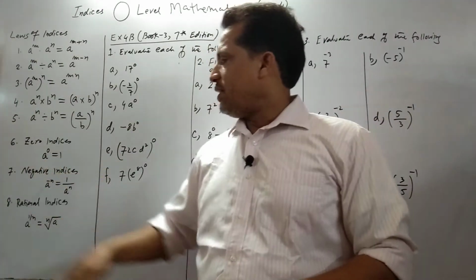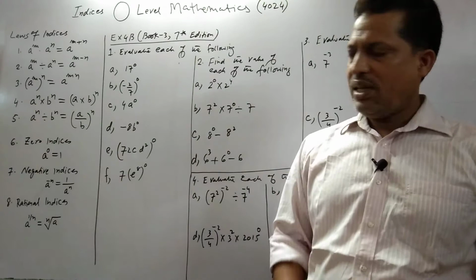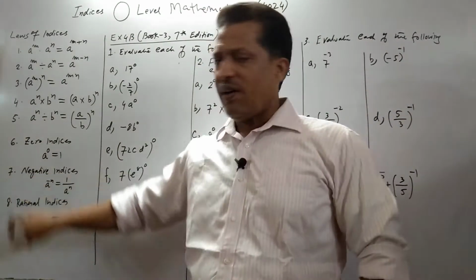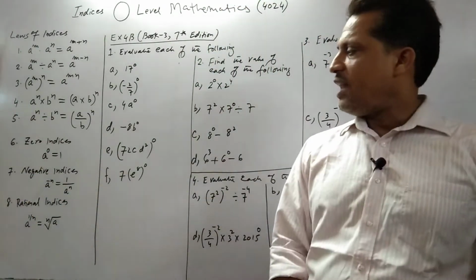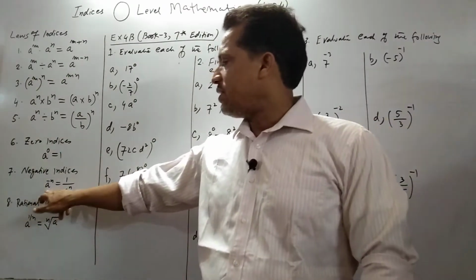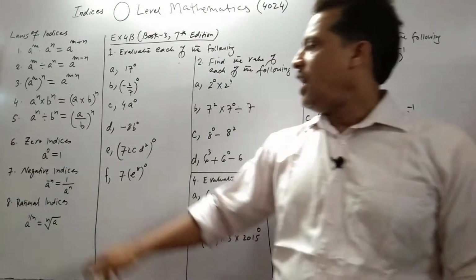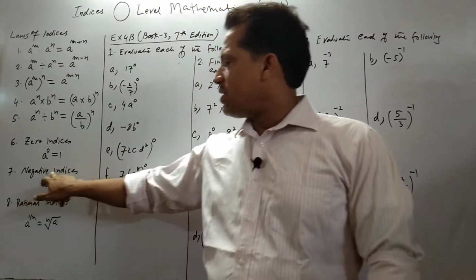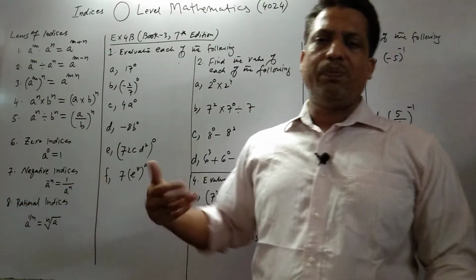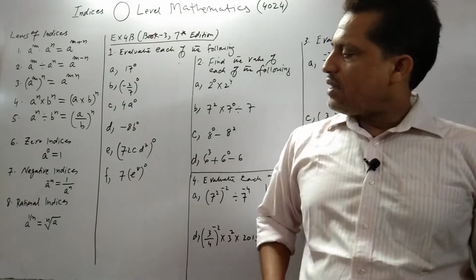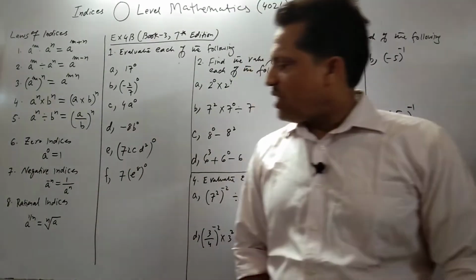The 7th one is negative indices. If we have a negative power of any number, then we can write it as 1 upon a to the positive power, like a to the power minus n is equal to 1 upon a to the power plus n. And last is called rational indices.